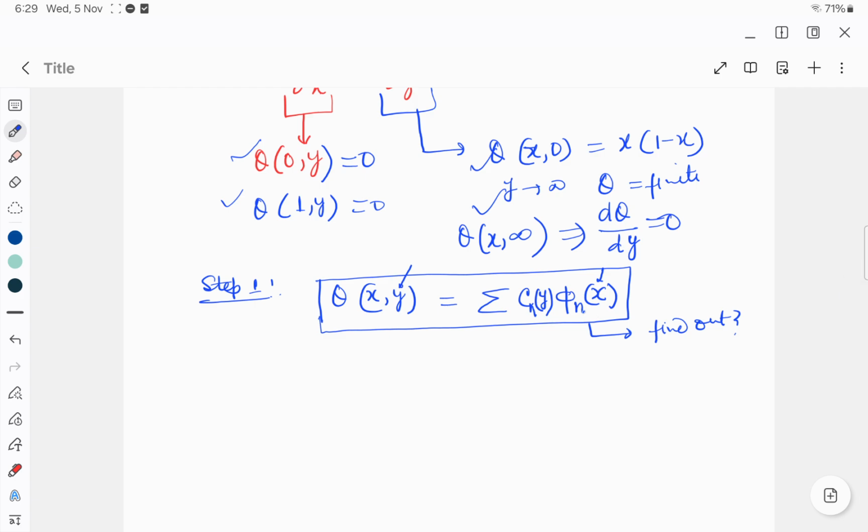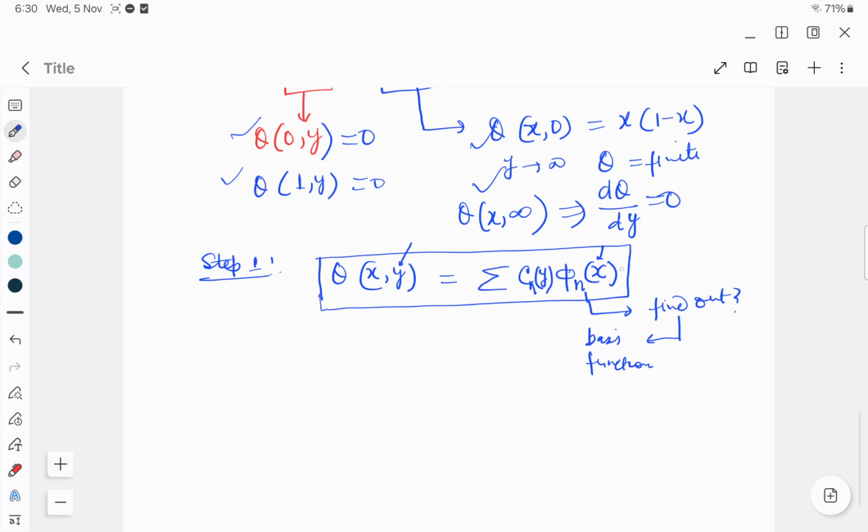Now you need to find this phi n x. For the time being, I will say this is the basis function. That we will define later on, but this is the basis function. In this case, I have taken the basis function in the x direction.